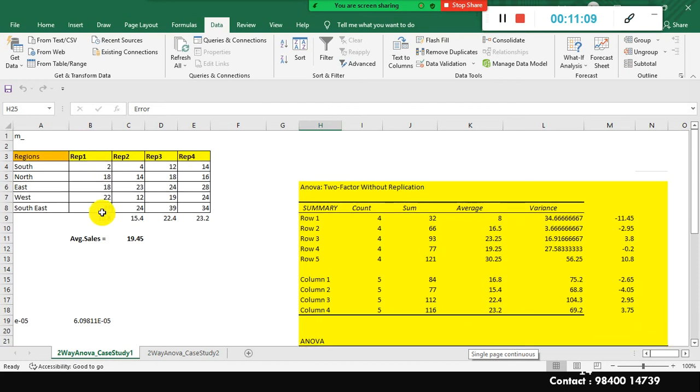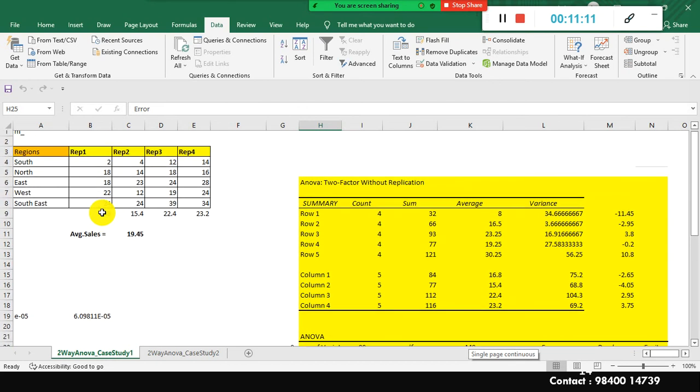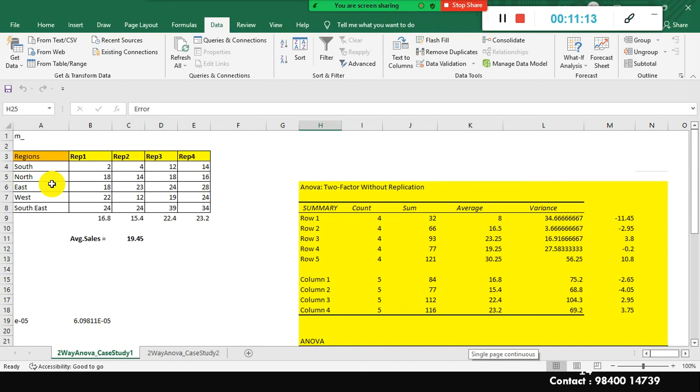In two-way ANOVA, we basically want to find out the effect of the region and the salesperson. Each salesperson is deployed across various regions. Here I took the average of this, and here also we took the average. This is the overall average.